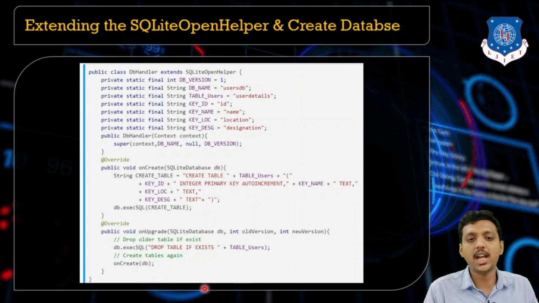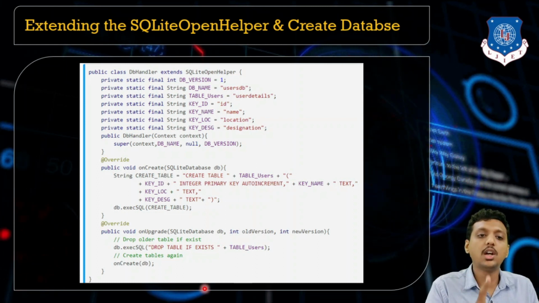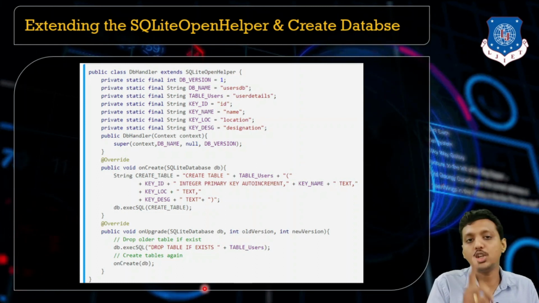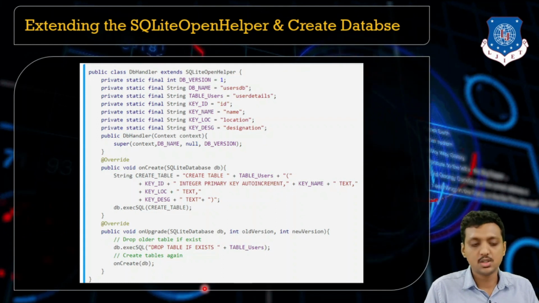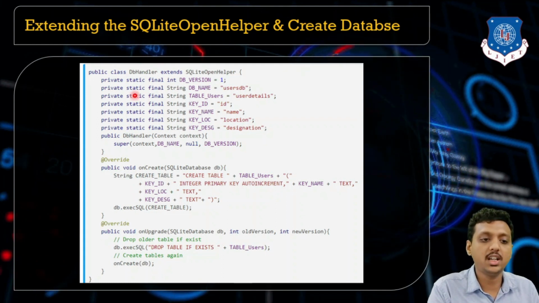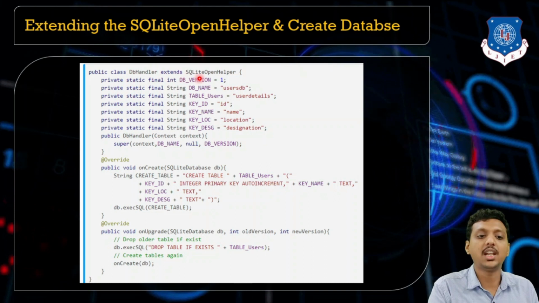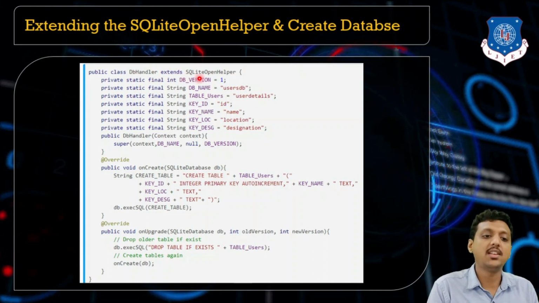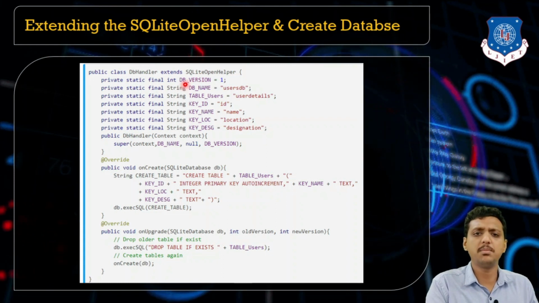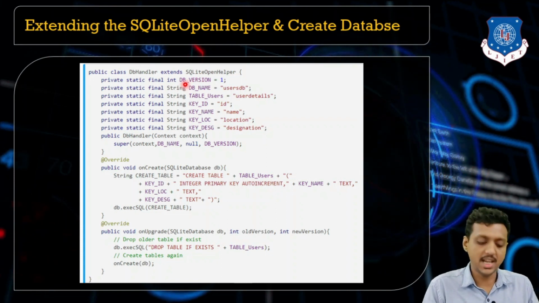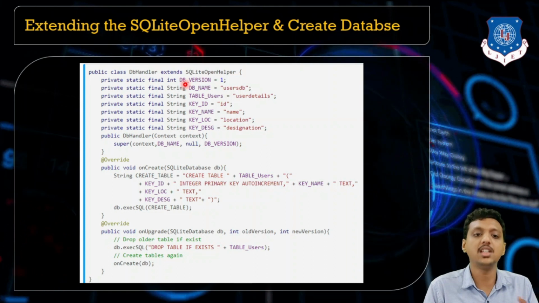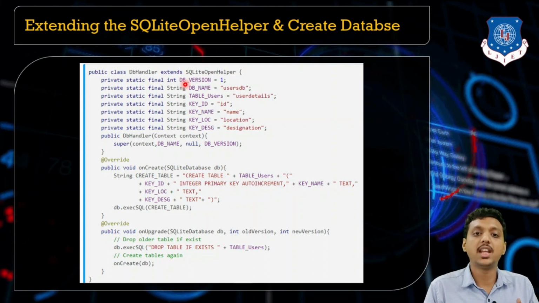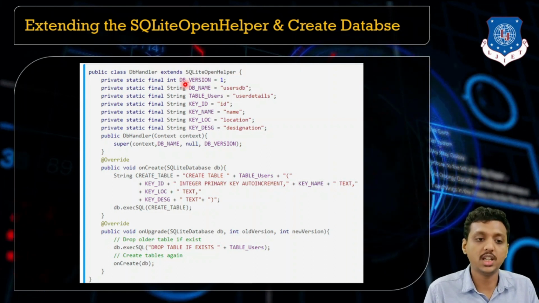Now, how can you create the database and how can you create the table inside Android? For that, students, you need to extend the SQLiteOpenHelper class. Here I have created a class DBHandler that extends the SQLiteOpenHelper class. In that we need to define some variables like DB name, DB version, table name, and whatever columns we are going to create.